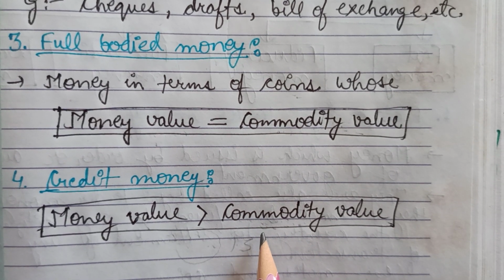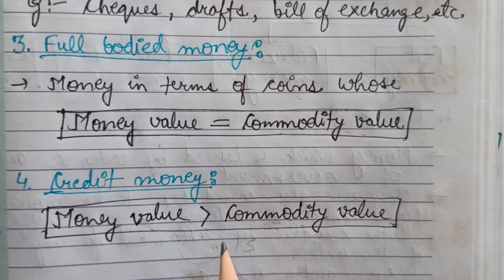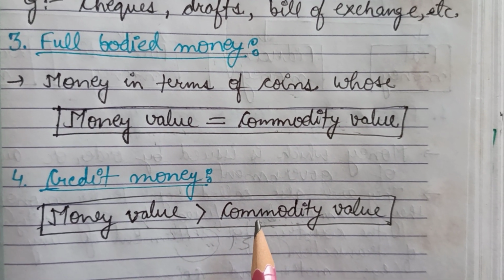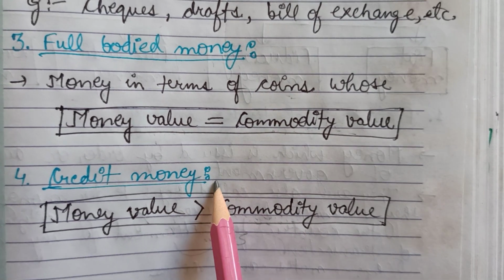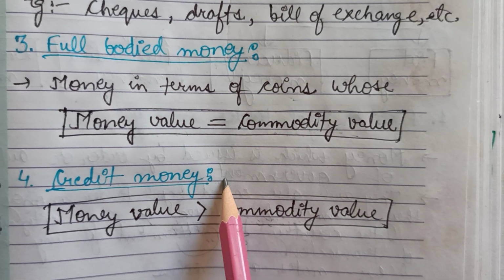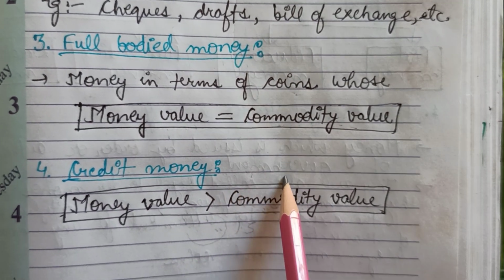Then what must people have done? They would melt this coin and sell the metal in the market for making future profits. So that is why in India we are using the credit money in the form of coins. So this was all about the forms of money.